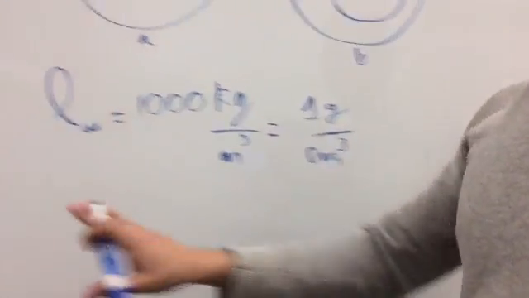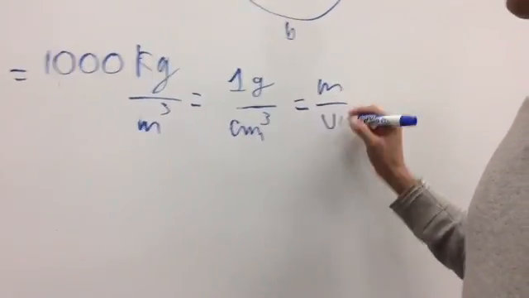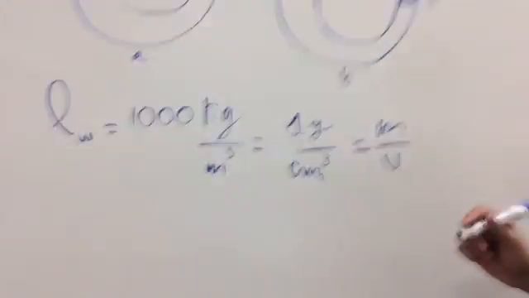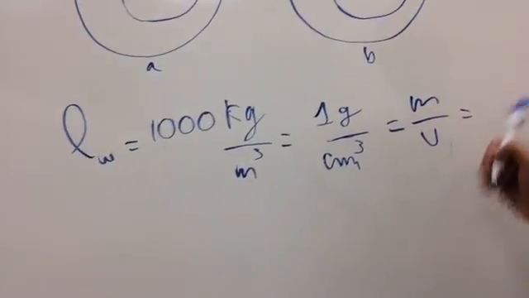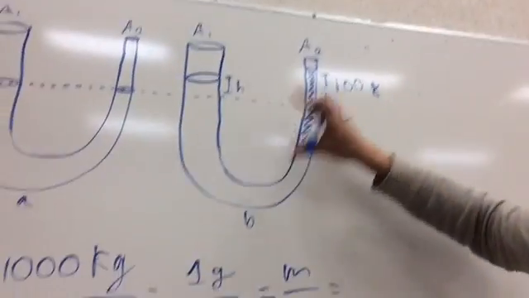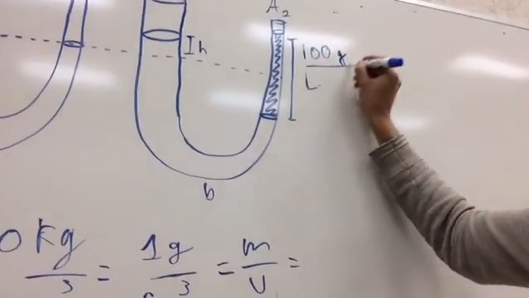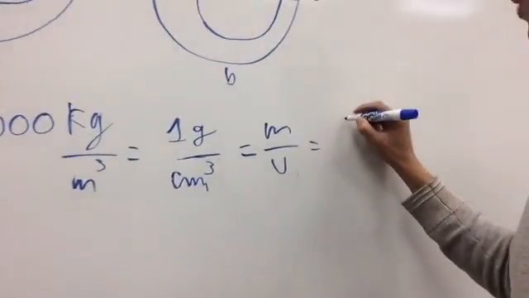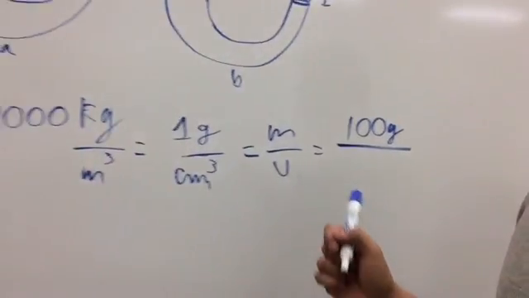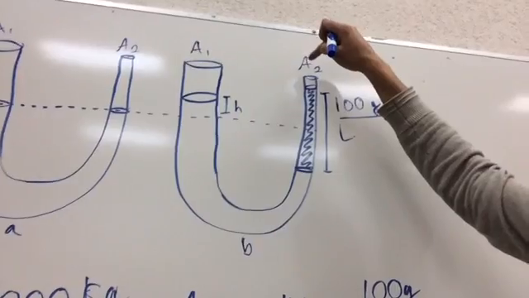As we know, the density also equals the mass over the volume. So the mass contained in the space we have to calculate is 100 grams. So we can write here 100 grams, that is the mass, and the volume is easy because this part is considered as area 2.